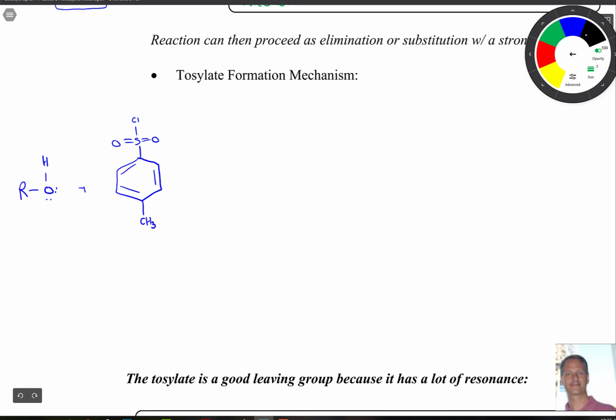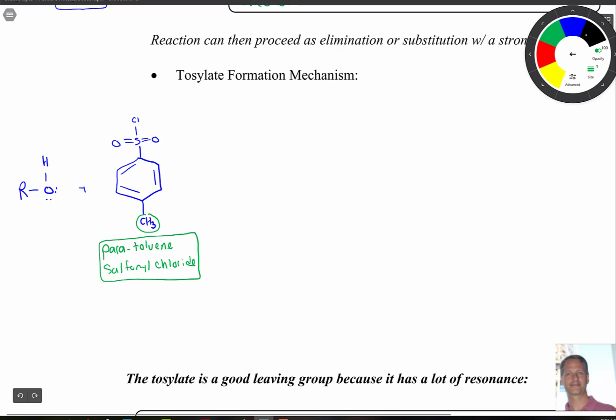All right, so this thing has a big old scary name. Do you guys remember from a couple chapters ago when we substituted at the 1,4, we call that para, right? So the name of this thing is para-toluenesulfonyl chloride.